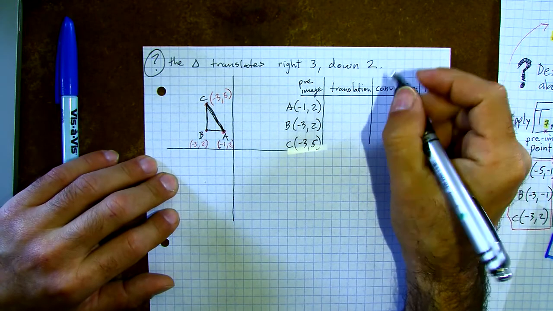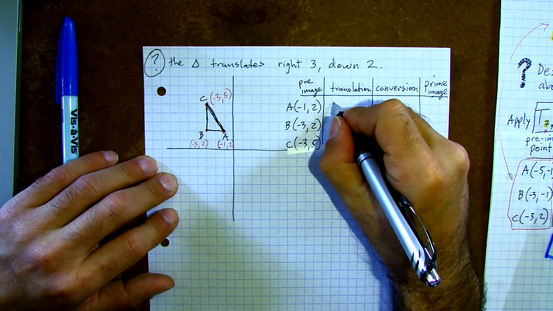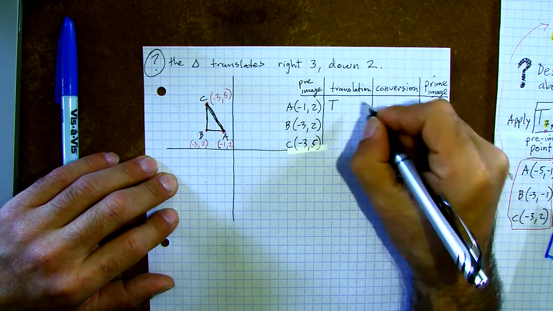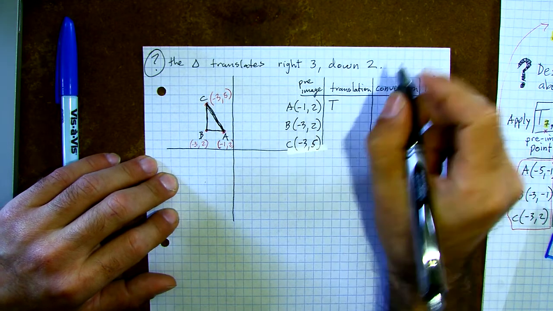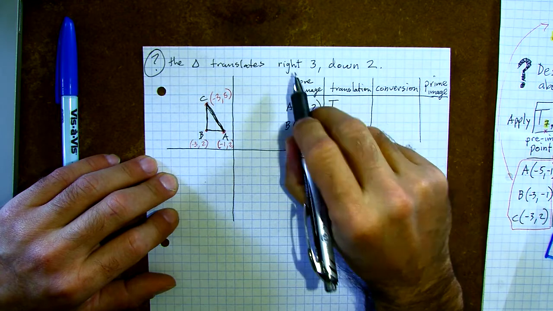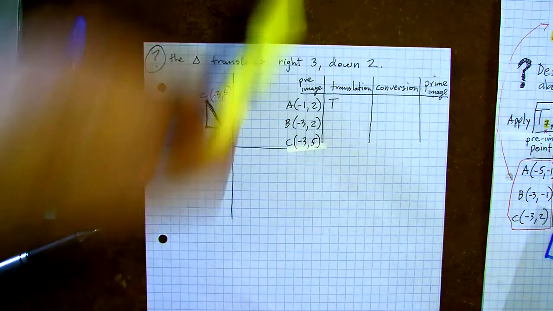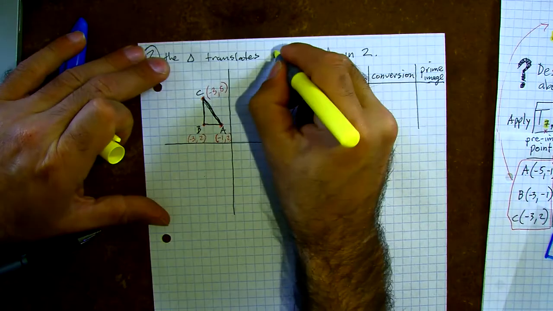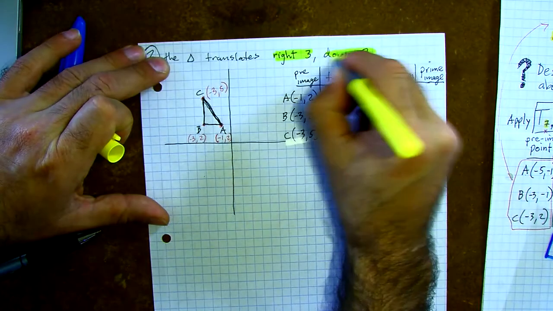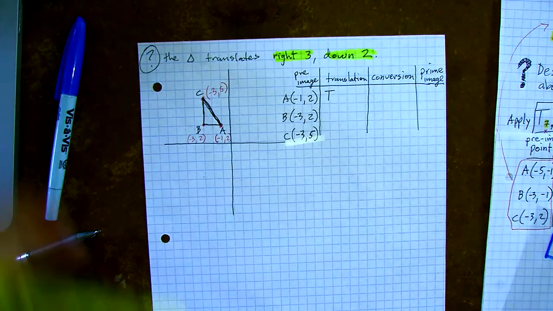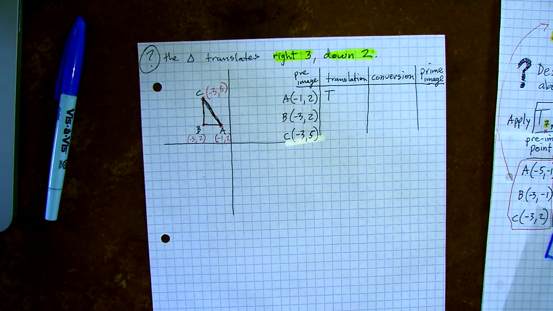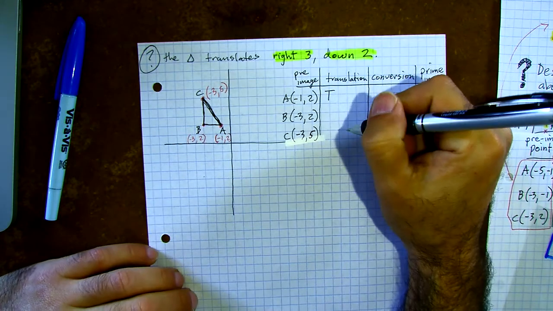So our translation that we're going to do, go ahead and tell me, what is the translation going to be if it goes to the right 3 and down 2? So we have this. We've got to figure out what this means. What does to the right 3 and down 2 mean for a translation? I think. T what?